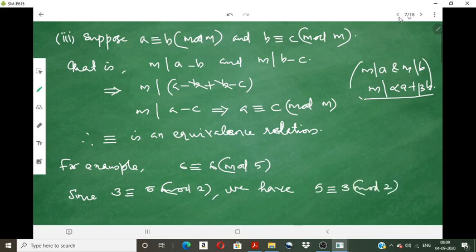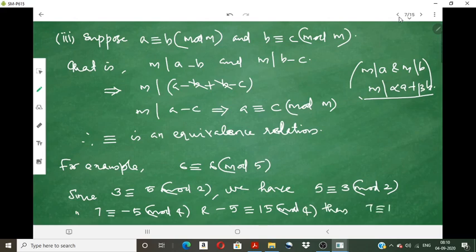And one more thing, for the transitive property: since 7 is congruent to minus 5 modulo 4, as the difference is 12, and minus 5 is congruent to 15 modulo 4, as the difference is 20, a multiple of 4, then by the transitive property, 7 is congruent to 15 modulo 4.